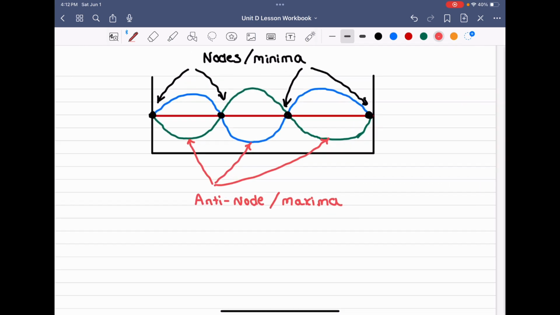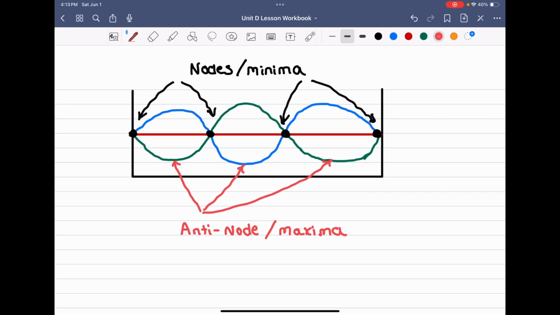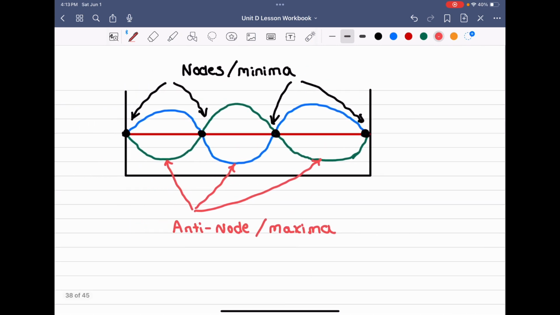Now, again, when we look at this standing wave here, this is this concept in which we see this predictable pattern of waves with the same amplitude and wavelength heading towards each other. They create this pattern, and this would be something that would be happening in perpetuity. We want to get a little more specific on the terminology here. The antinode or maxima determine the harmonic.